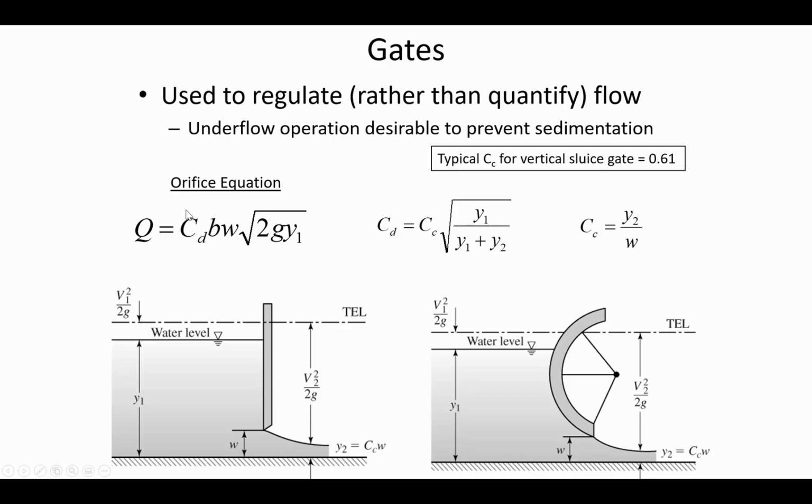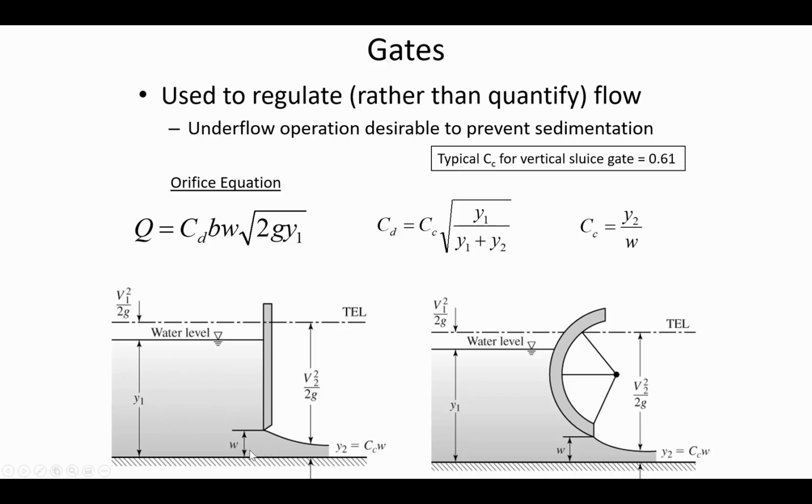And you'll notice here the coefficient of discharge is a factor that's going to account not only for the contraction that occurs, but also energy losses related to countercurrent flow, potentially turbulence, and the fact that the water velocity vectors are having to change direction as the water was flowing to the side, and then it has to flow downward.